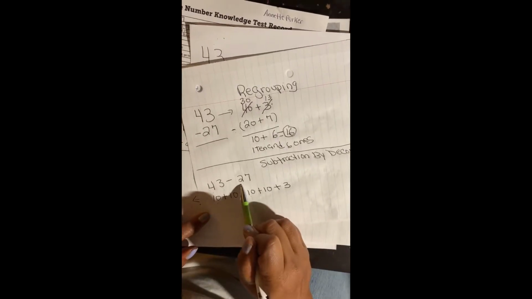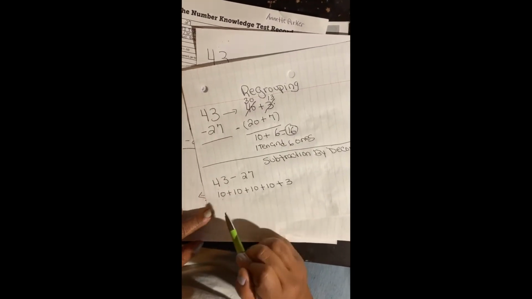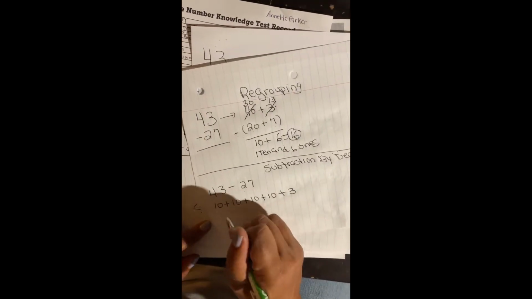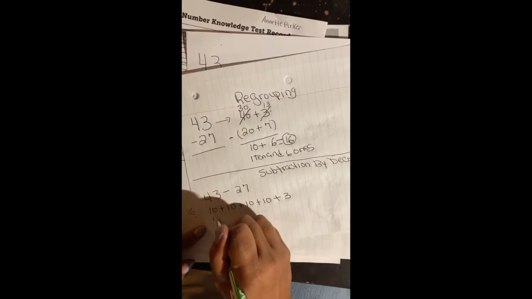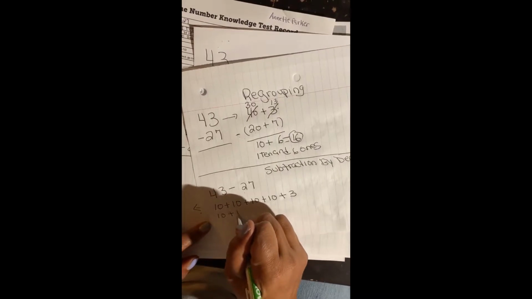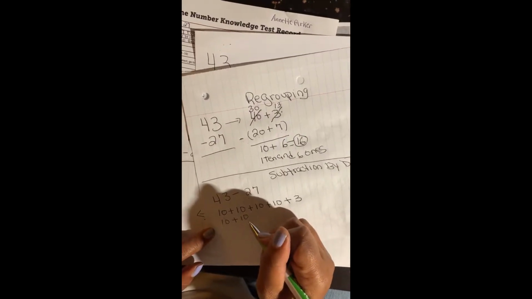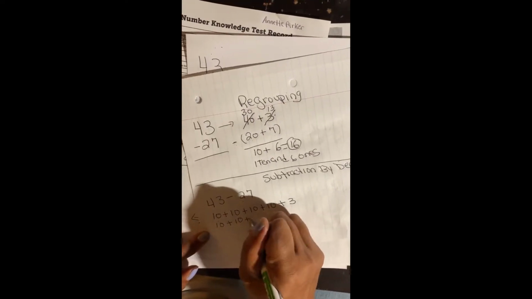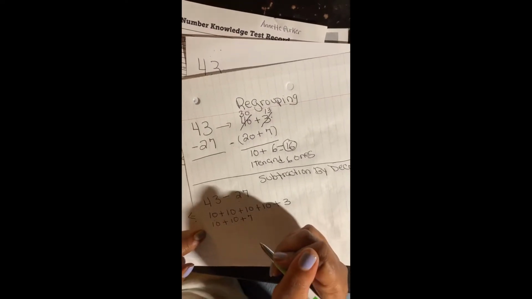And now we're going to break down the 3, and 40 plus 3 ones gives us 43. And we're going to do the same thing with 27. 27 has two 10s in 20, which is 10 plus 10, and we have 7 ones, so we'll just say plus 7.